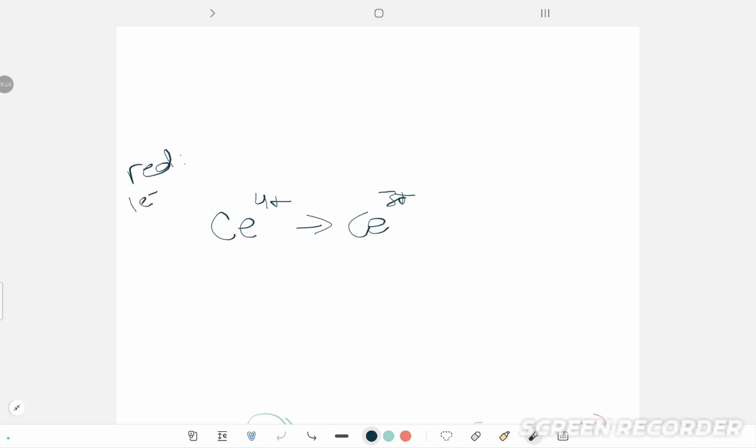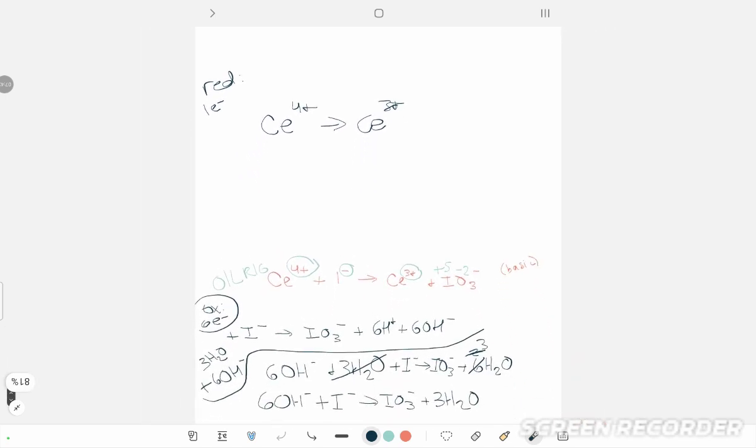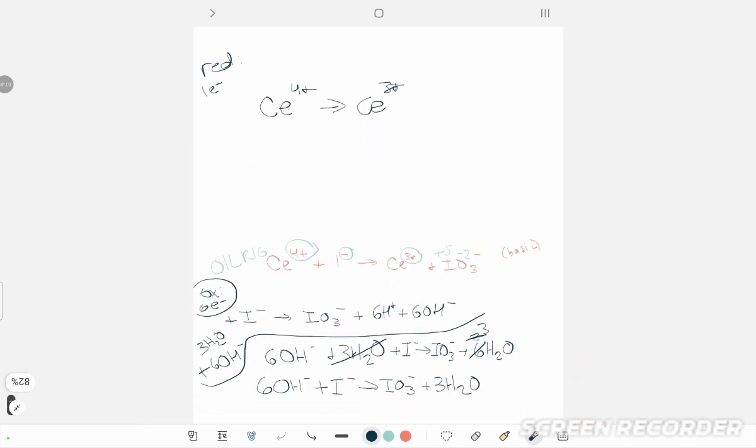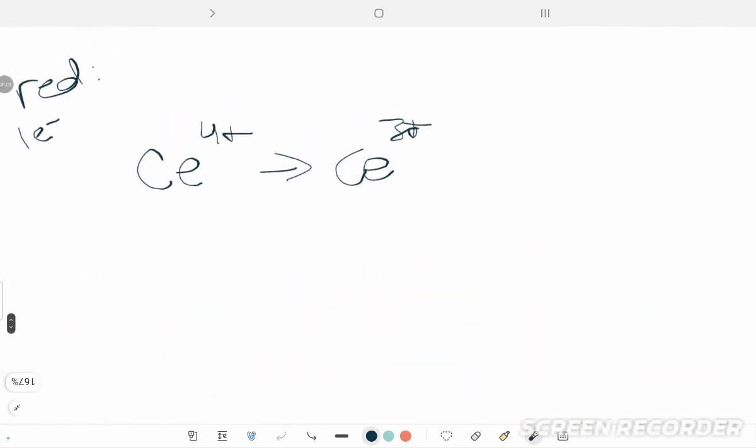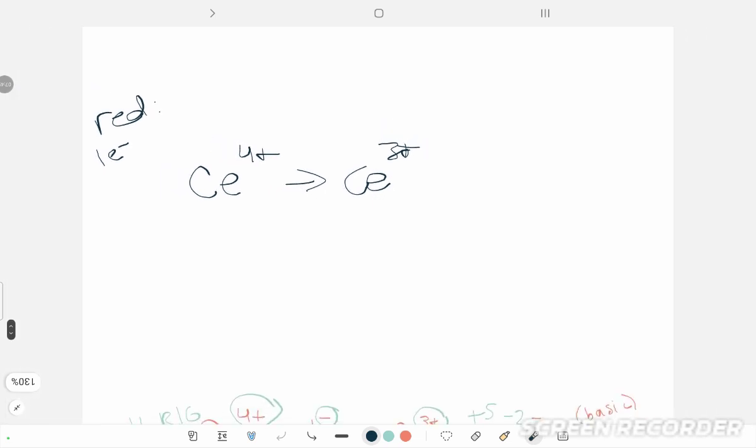So to balance it out, we need to get each of both the oxidation and the reduction to have the same amount of valence electrons. So since 6 is the bigger one and we can get this 1 up to a 6, we are just going to multiply by 6. So this is a reduction, so the electron is going to be on the left.